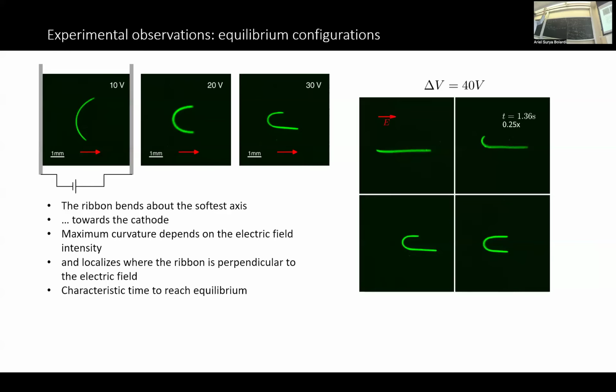So there is a characteristic time for this phenomenon. And then again, the curvature is localized where the filament is orthogonal to the electric field. These observations will allow us to model the behavior of this material later.